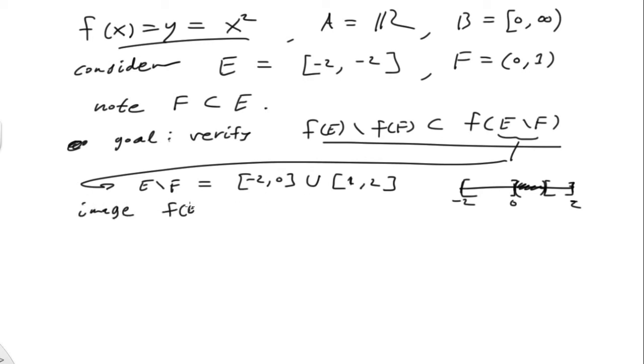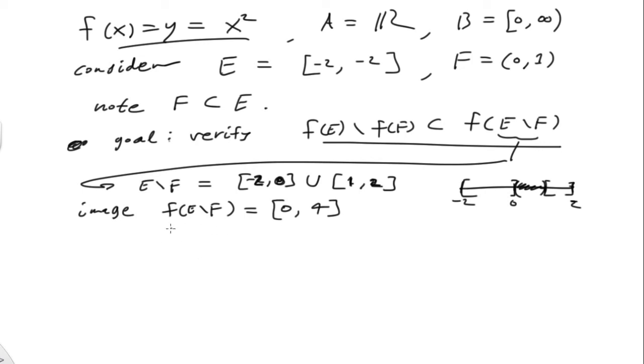So f of E not f is going to be, well, we can see the values that it ranges over. It ranges from -2 to 2, and if I plug that into x squared, we can clearly see that it goes all the way down to 0, and up to 1 and 2, but whether it's positive or negative, the maximal value is 4, so we know the image set is going to be 0 to 4 inclusive.